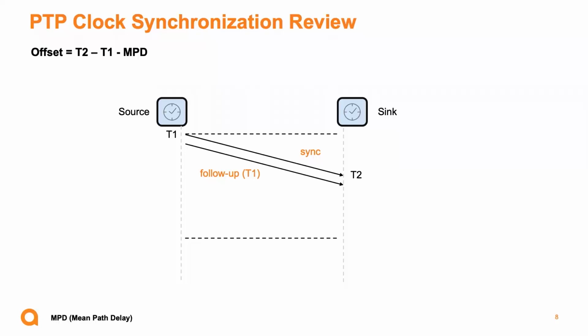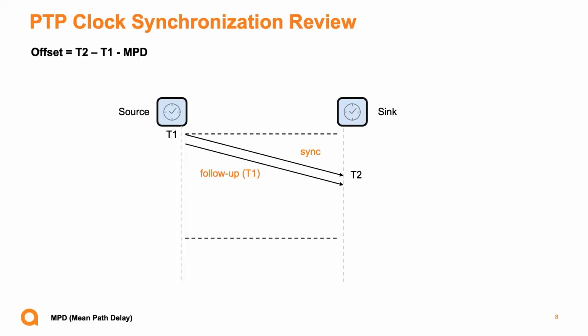The timestamp containing T1 could be sent directly on the sync packet, or if we are using a two-step mechanism, it will be sent in a follow-up packet. Using a two-step provides a slightly more precise mechanism because the follow-up contains the timestamp of the actual transmission of the sync packet.